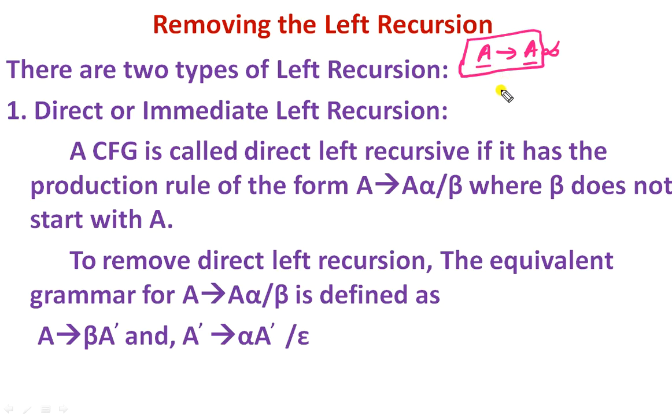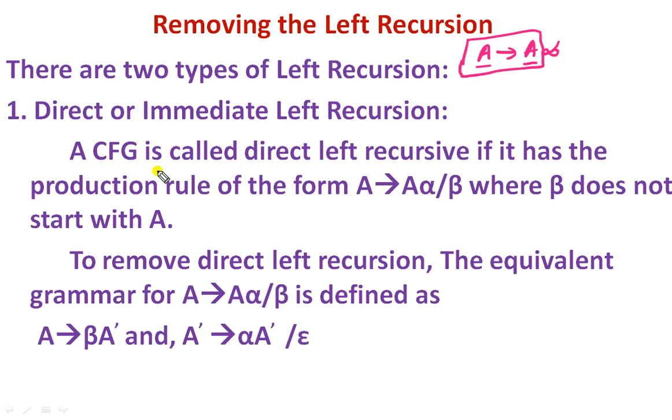So basically there are two types of left recursion. In this video we will be discussing the direct or immediate left recursion. In the next video we will be discussing the indirect left recursion. So what is meant by direct or immediate left recursion?